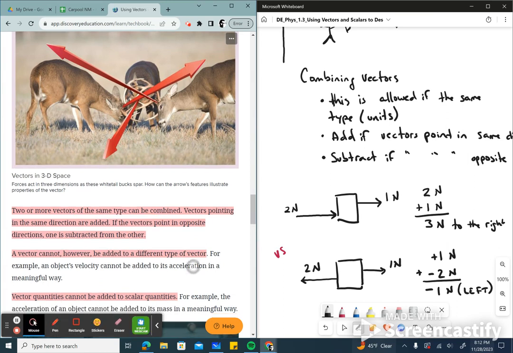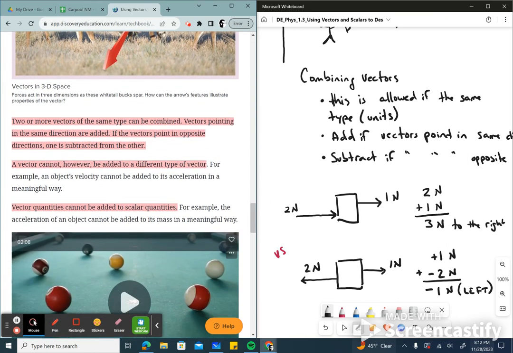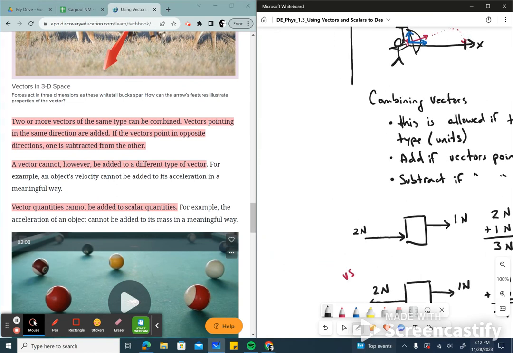And let's just put this over here. Can't add vectors to scalars. Okay, can't do that. All right.